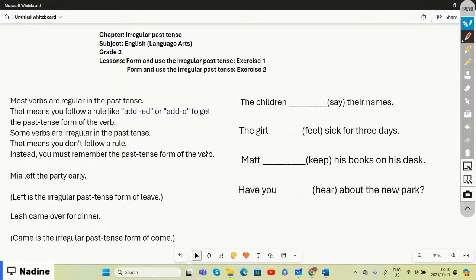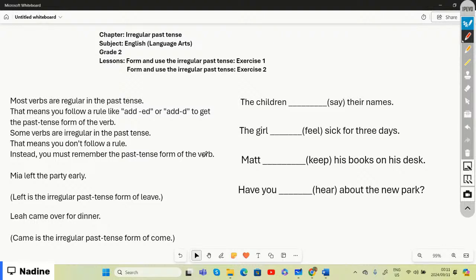This means that when it comes to the past tense form of that verb, you are going to have to remember and know it.